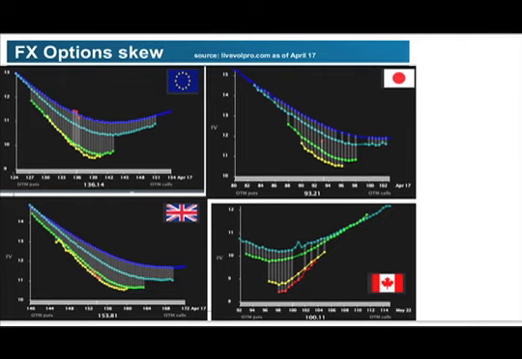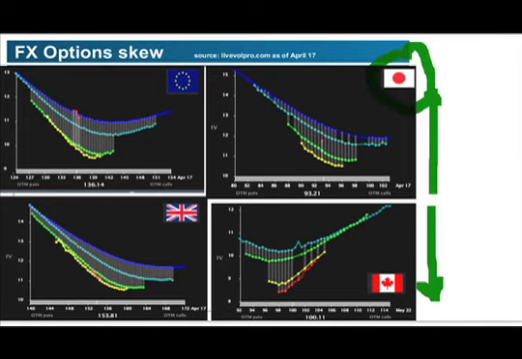So the U.S. dollar is different. What this is saying is, if the world was going to enter another period of risk aversion, where might people want to hide? Well, looking at these four graphs, the option traders believe that the world would want to go hide in Japanese yen. Why do I say that? Well, if the euro's going down, they're going to want to hide in dollars, because I'm seeing higher volatilities here.